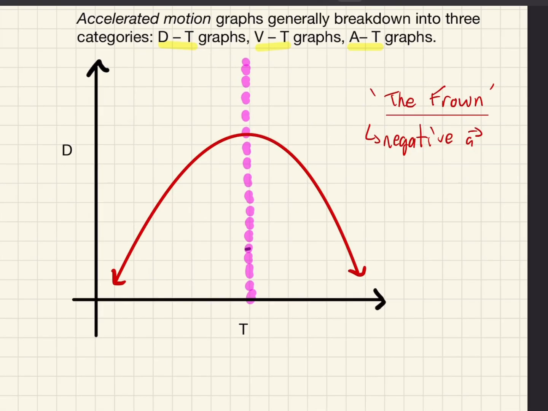Now, this common curve for accelerated motion on a dt graph is known as the frown. And this represents a negative acceleration no matter which half of the frown we're talking about. Yes, that even means this one.